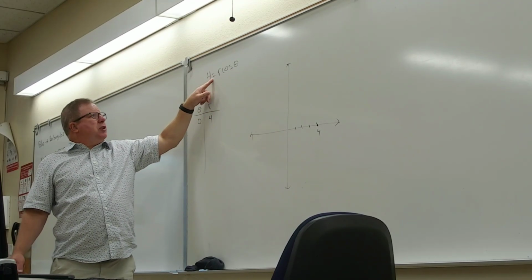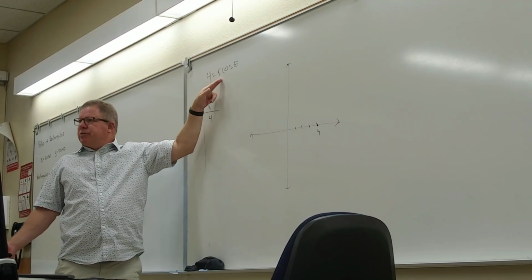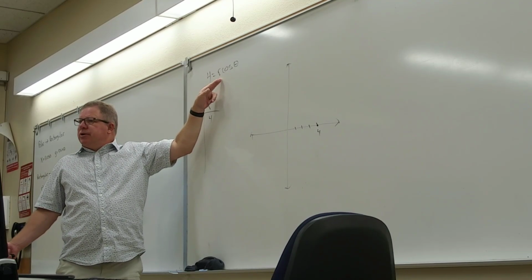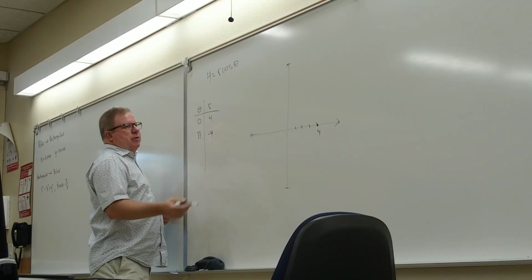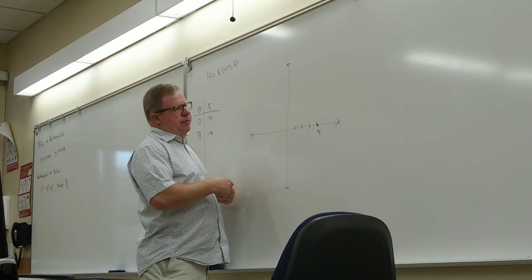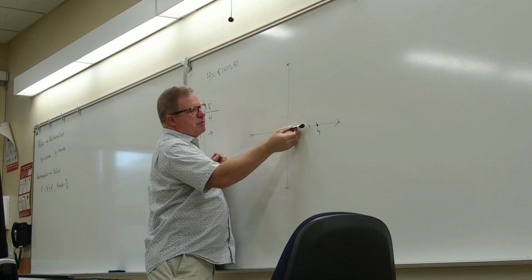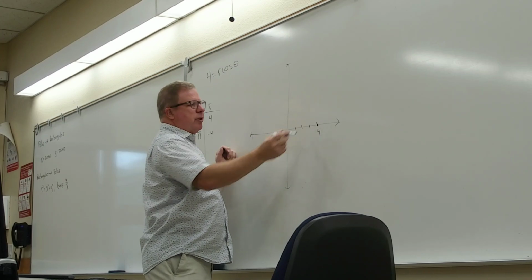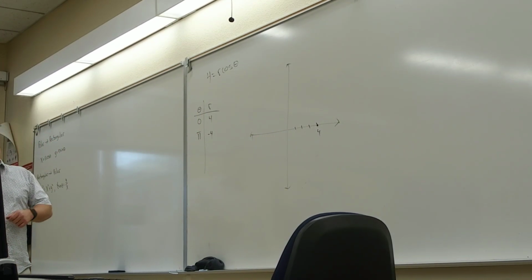So we're going to have 4 equals negative r, which means positive r equals -4. So pi is over here, -4 flips us back around. It's the same point, isn't it? So just going from 0 to pi took us around back to the same point.